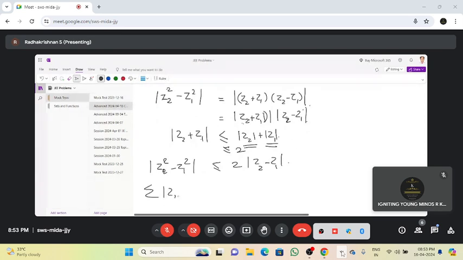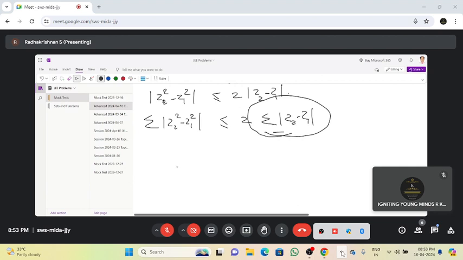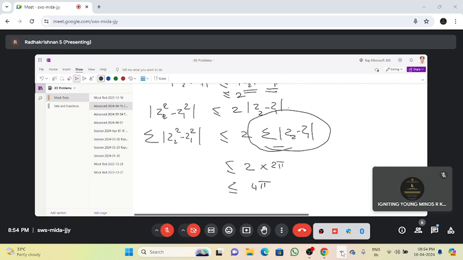In the whole sum, sigma of this, we already found that this is less than 2 pi. So that will be less than or equal to 4 pi. So that is what is given. So it is less than or equal to 4 pi.